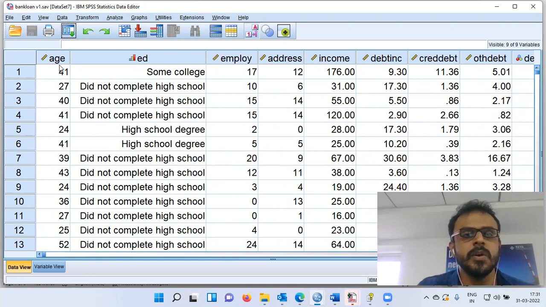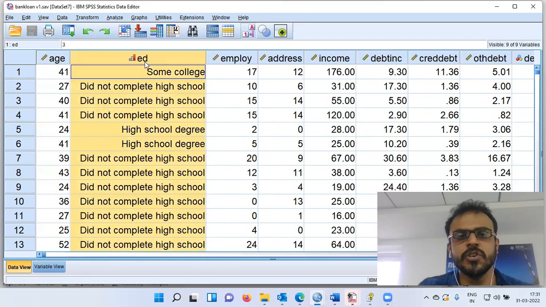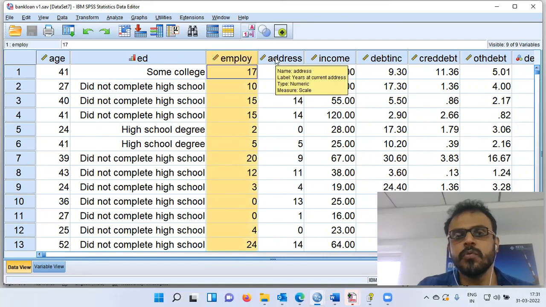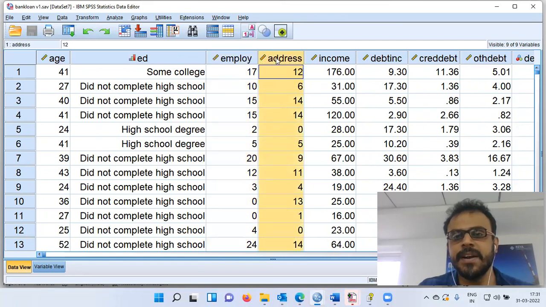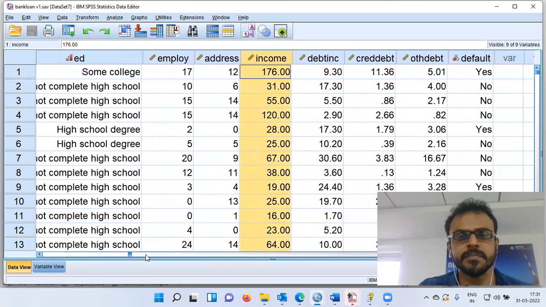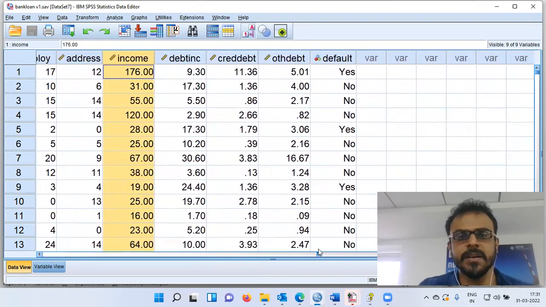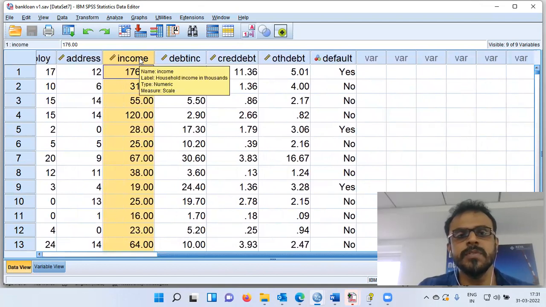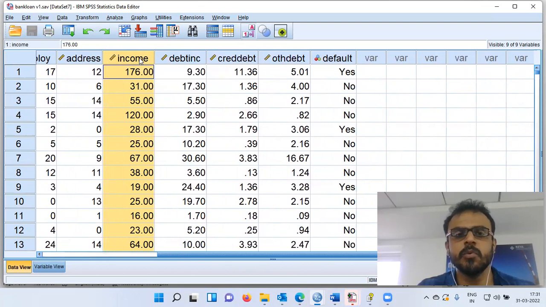You can see here we are given data about customer's age, his education level, the number of years that he has been with the current employer, the number of years that he has spent in the current address, what's his income. These are some of the variables that I have. And when I scroll to the right side, what do you see? You are also given information about his income. In fact, we are given information about his household income.